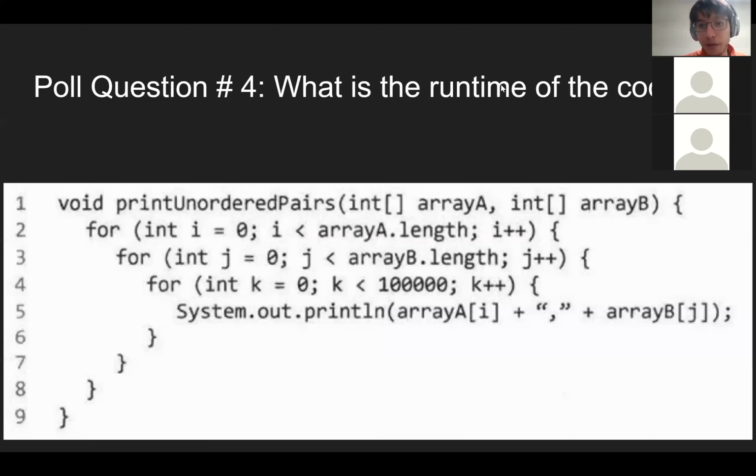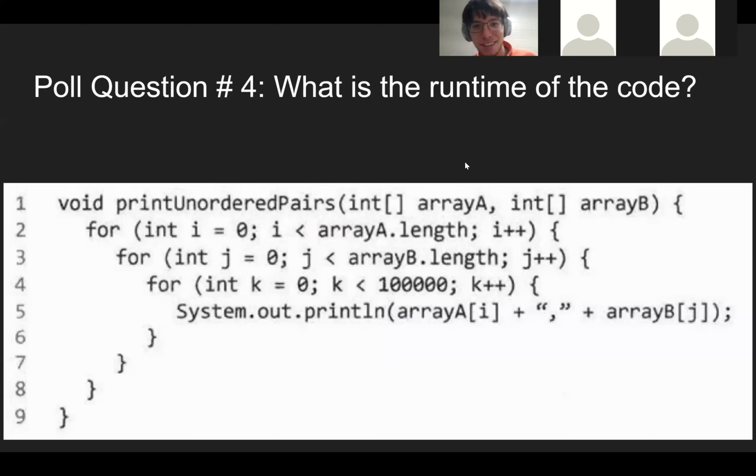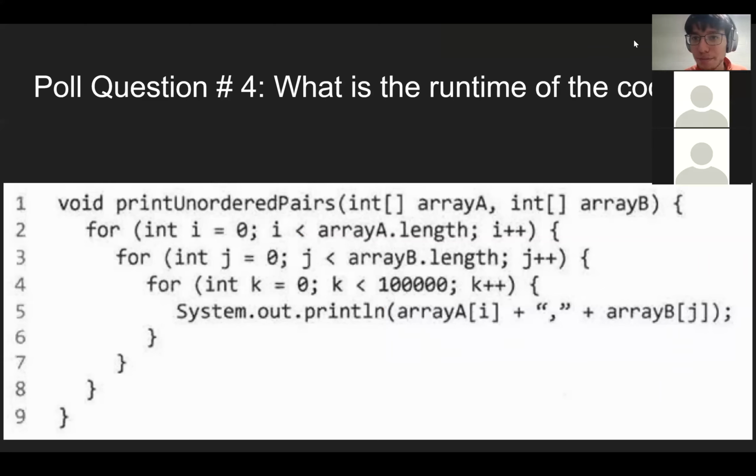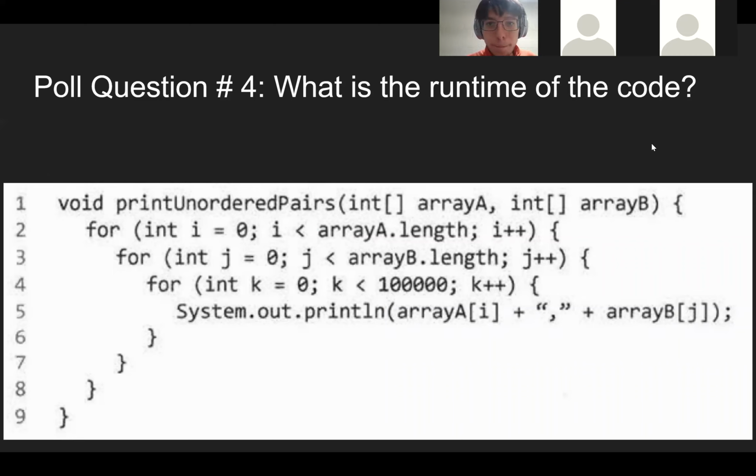All right, so for question number 4. So I'm not quite sure.